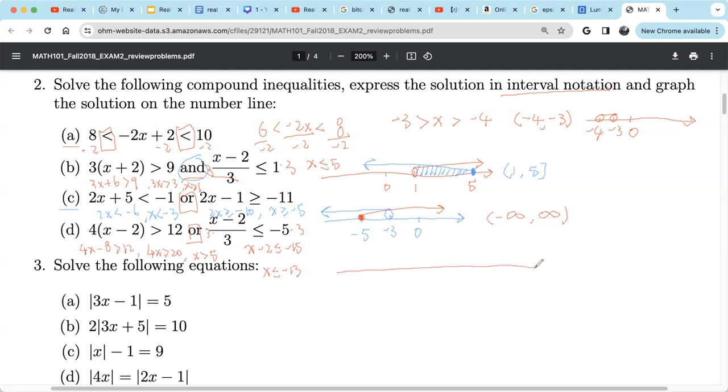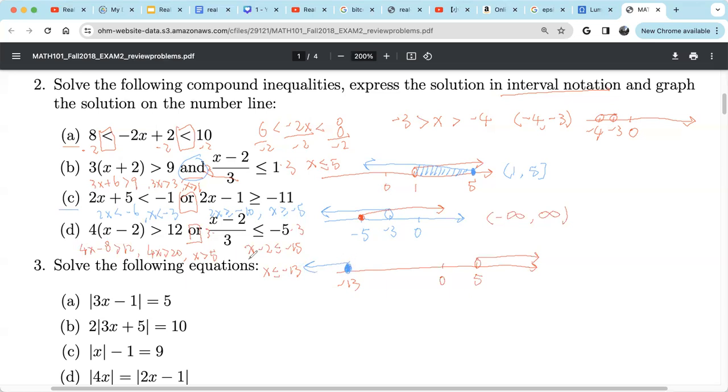Now let's graph. So we have 5. Let's see, 0 is here, 5 is here. Then we need -13, maybe somewhere here. So x greater than 5 goes this way, right? Let me choose the blue color. Then the other solution set is x less than or equal to -13. Solid dot over -13, to the left.